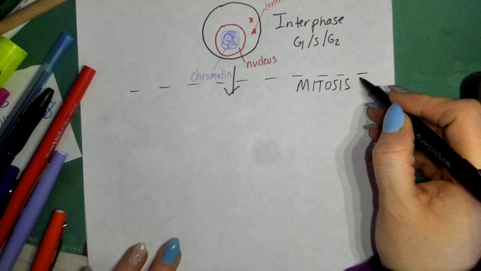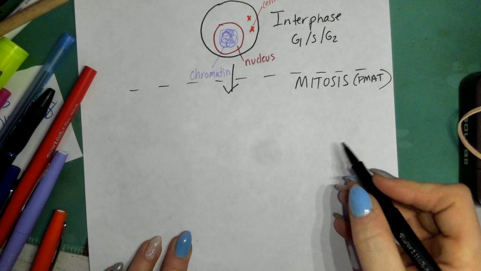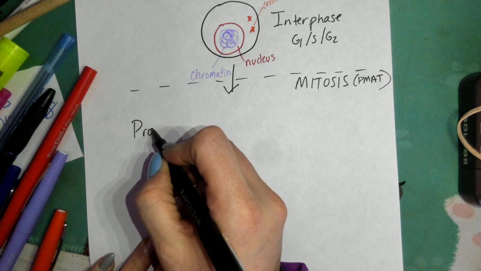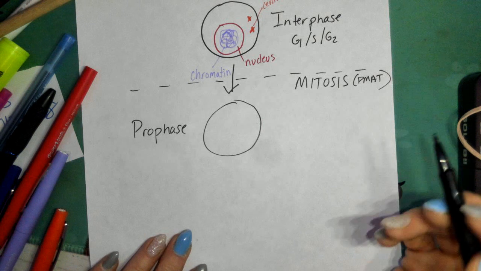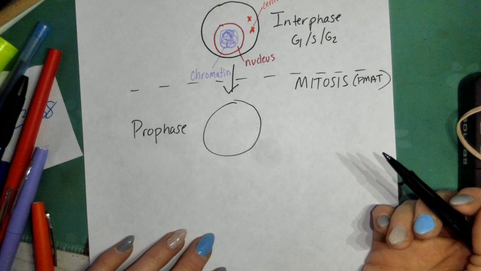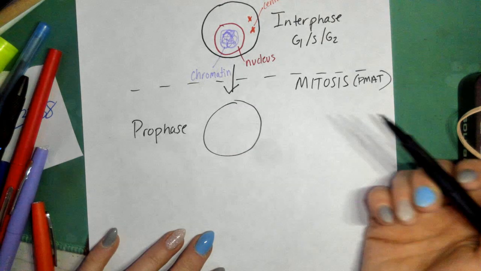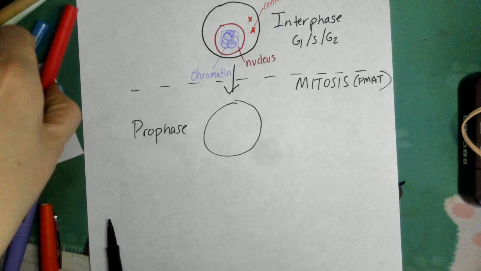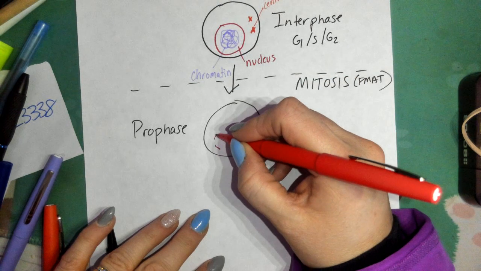There are 4 phases in mitosis that you can remember as PMAT. P, the first phase, is called prophase. And now we need to divide the cell, so we are going to first make that chromatin condense into chromosomes so they can actually be easily organized in the cell.